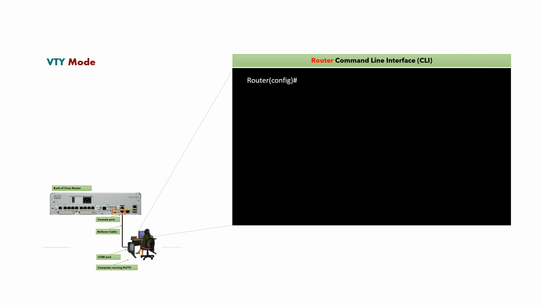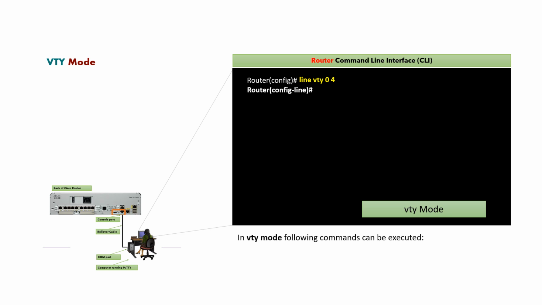To access virtual terminal mode of the router from global configuration mode, type line space VTY space 0 space 4. Press enter. The prompt for VTY is router open parenthesis config-line close parenthesis #. If you type question mark and press enter, all the commands available at this mode are going to be displayed and explained.